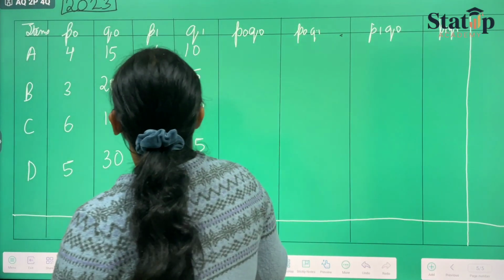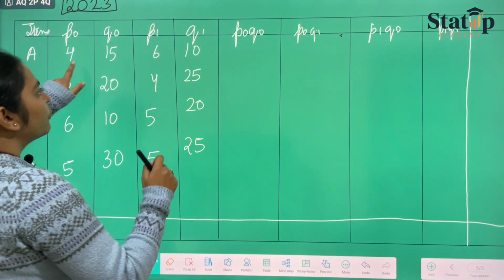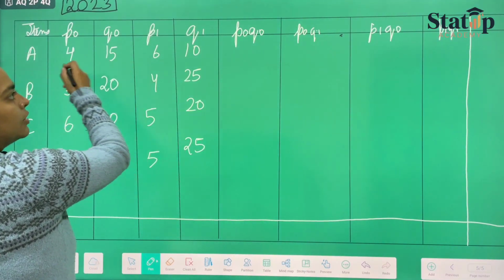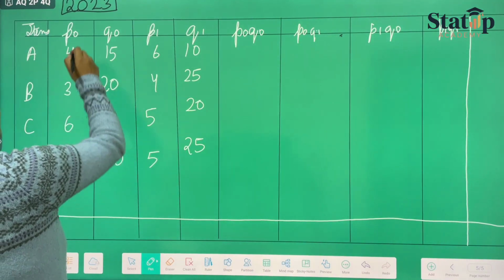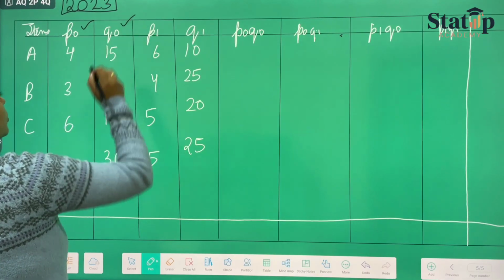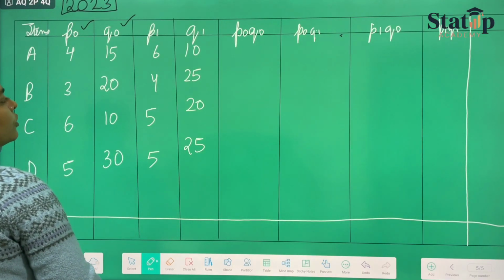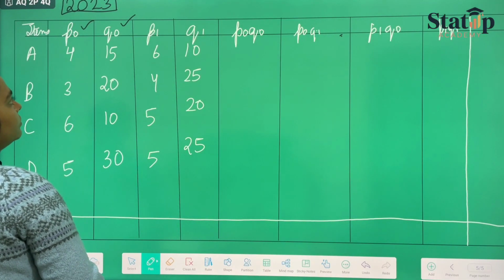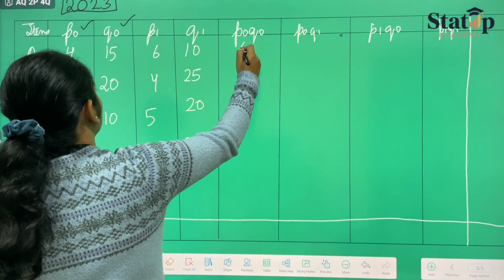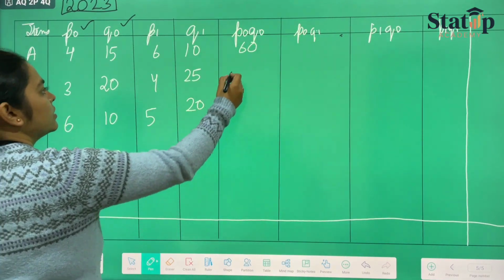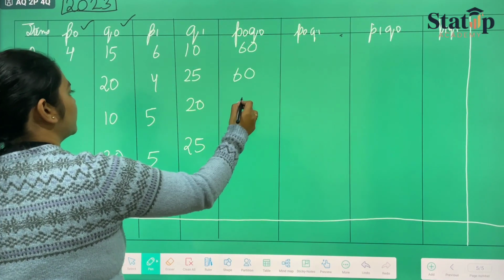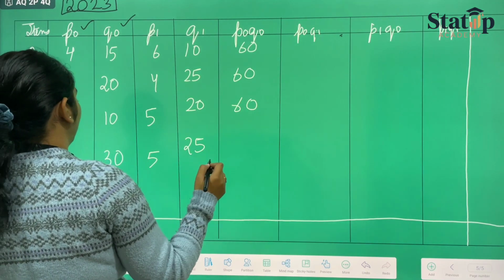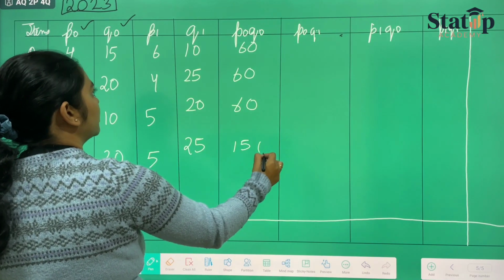Let us calculate. P naught into Q naught: 15 into 4 is 60, 20 into 3 is 60, 10 into 6 is 60, 30 into 5 is 150.